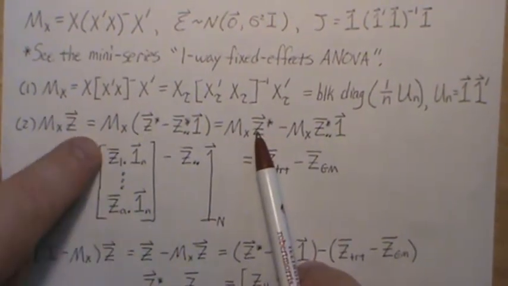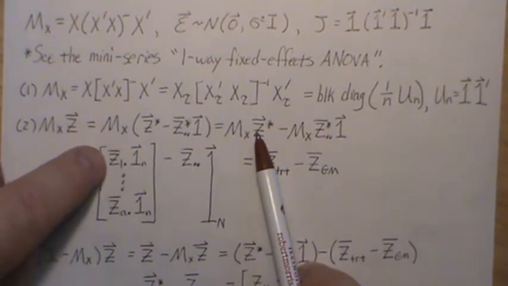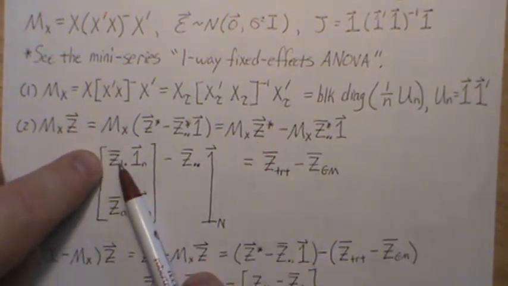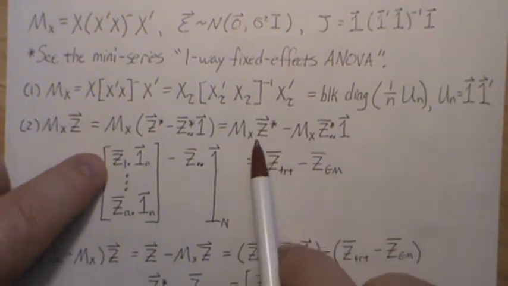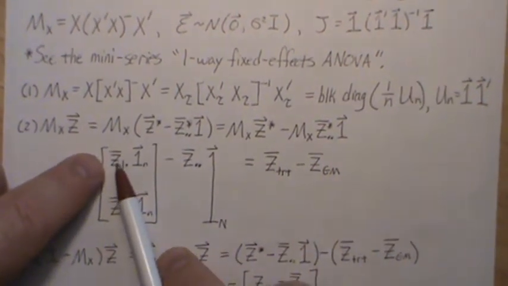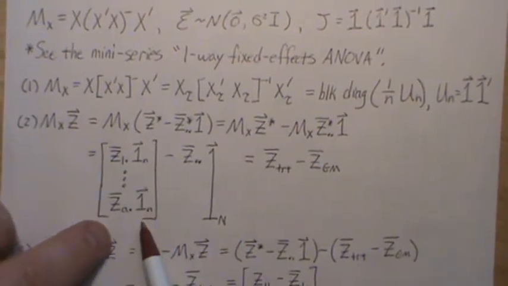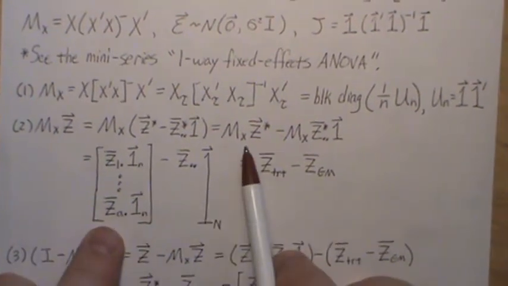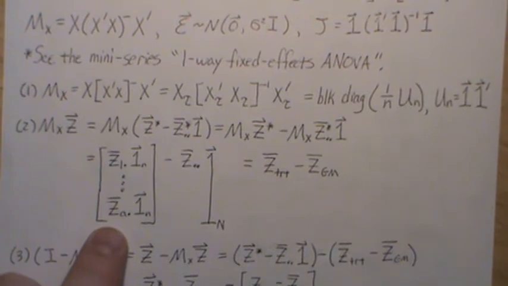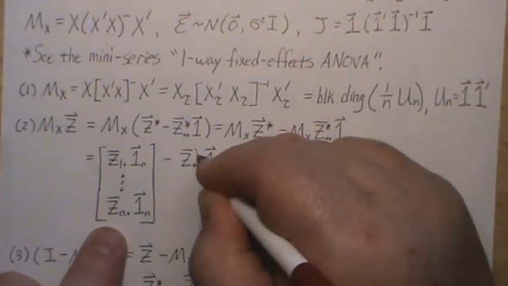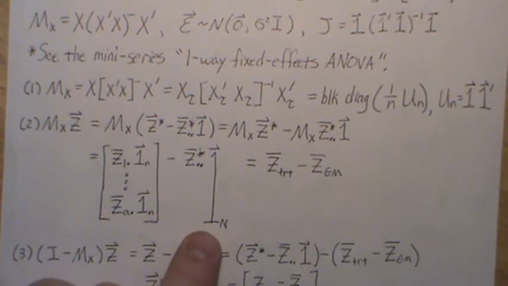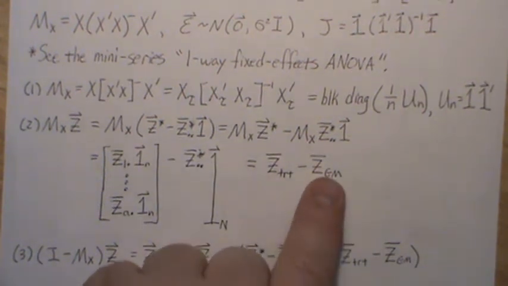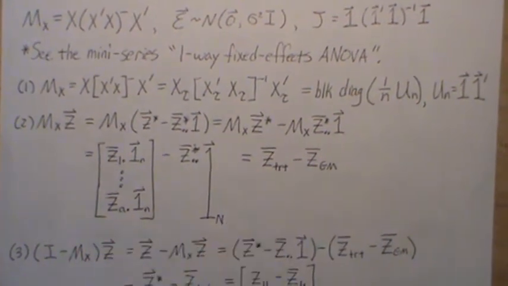So it creates little pockets. It's the Z's associated with the ith treatment mean, and there's n of them, and then that goes all the way down to the ath treatment. And then this is the mean vector, so it's often called the grand mean, and this is the Z treatment mean vector.